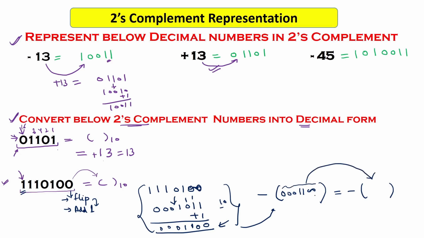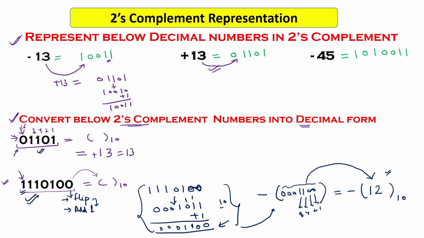So here you can see that this has weight 1, then weight 2, 4, and 8. So it will be 8 plus 4 is 12. So the total answer is minus 12. That means this number is minus 12 in decimal form.